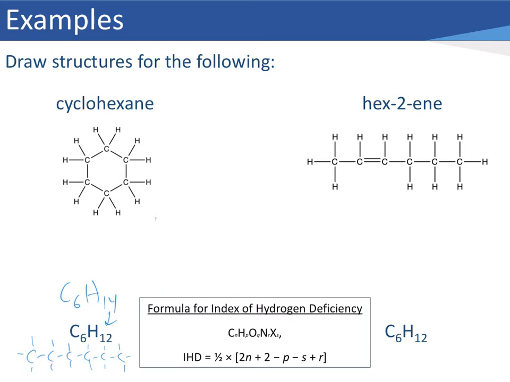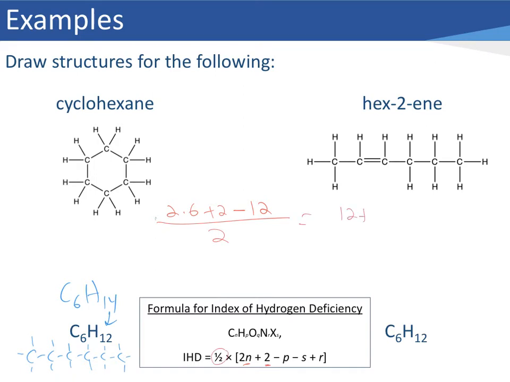So, 2 times the number of carbons, which is 6, plus 2 from the formula, minus P, which is the number of hydrogens, so minus 12, minus S, which is the number of halogens, which is 0, plus R, which is the number of nitrogens, which is 0, all divided by 2, or times a half, however you would like to manipulate that.